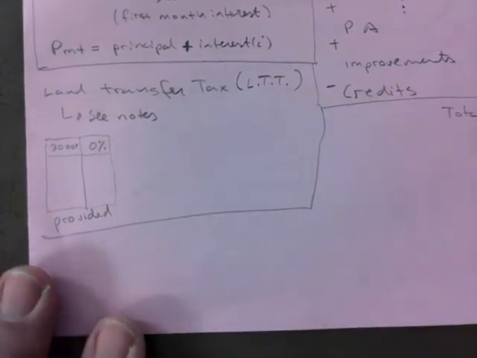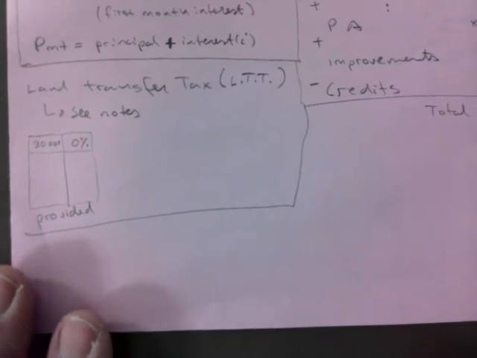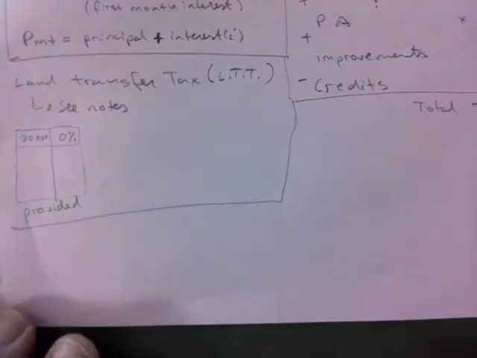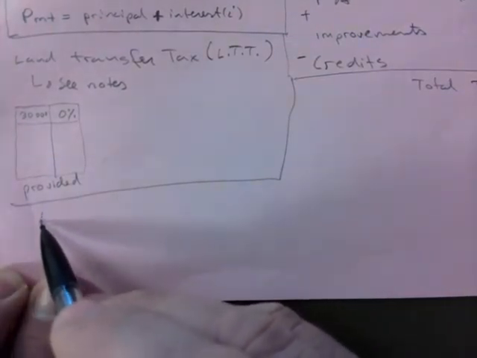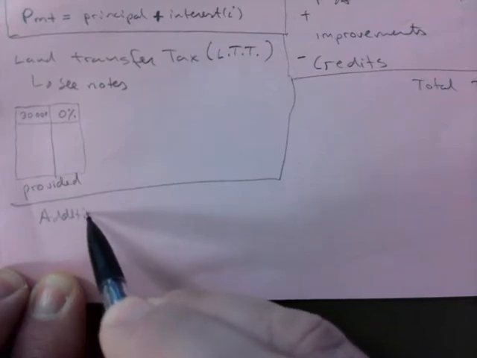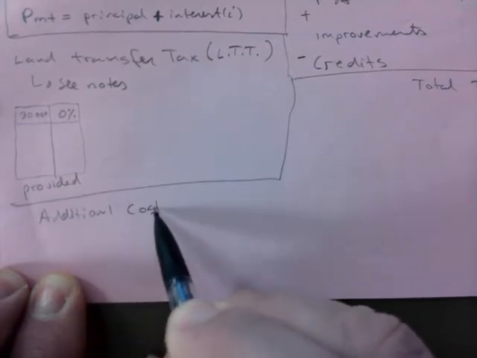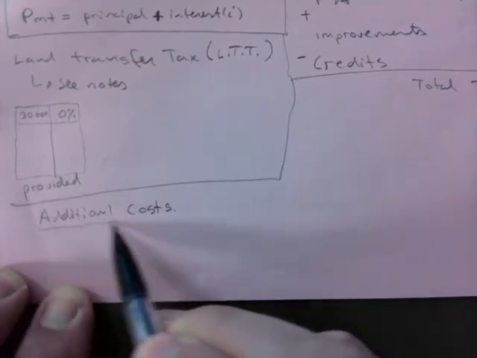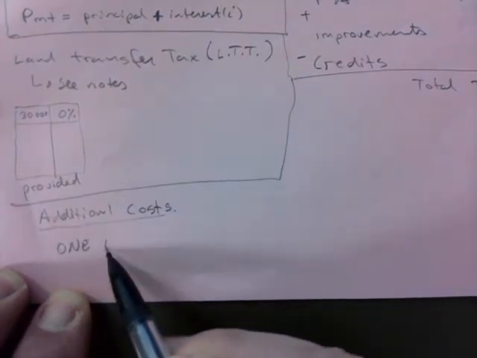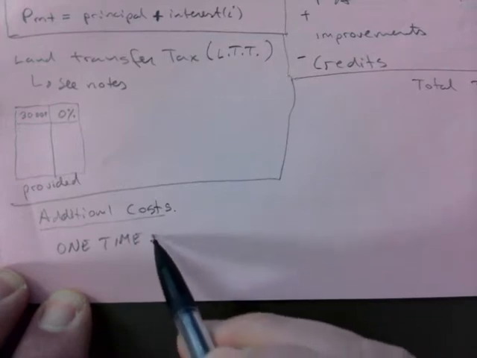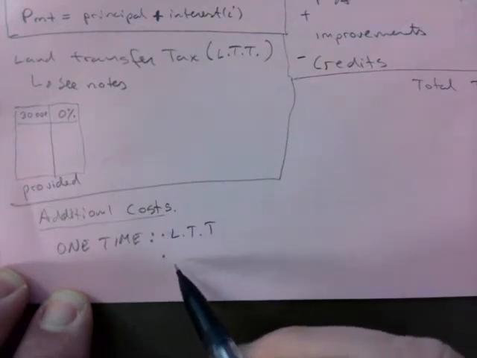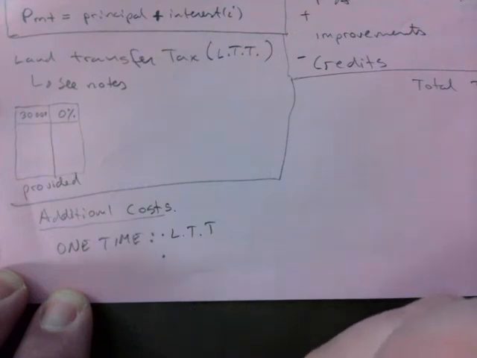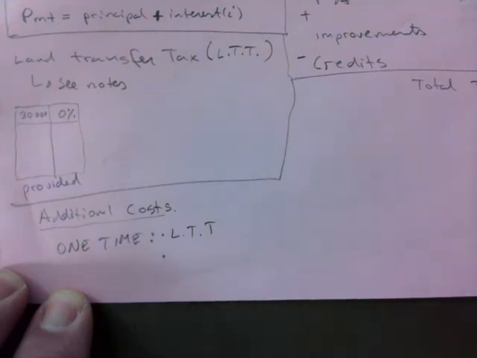When it comes to additional costs of ownership, you need to be able to answer. I think I'm just gonna say that the one-time category would consist of, for sure, land transfer tax. You should know that. One time would also be, what do I have in here?